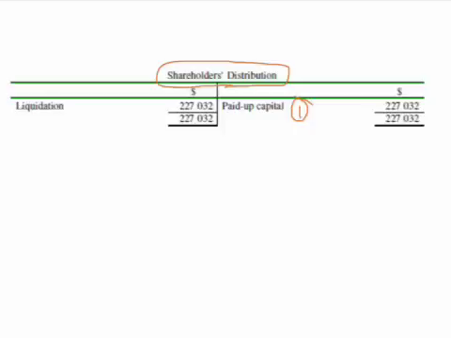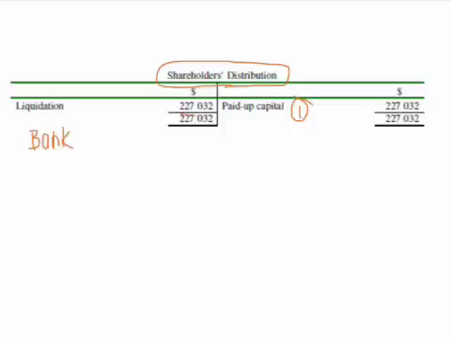And then, depending on the final result of the liquidation, we'll see that either the surplus that exists is distributed to the shareholders, in which case it would be a debit entry to this account for bank, or in this case we've now made a call on the portion of the share capital that wasn't fully paid up, that was sufficient to cover the cash shortfall, so there's no distribution to the shareholders, and the deficit that was still sitting in the liquidation account is then transferred to the shareholders distribution.